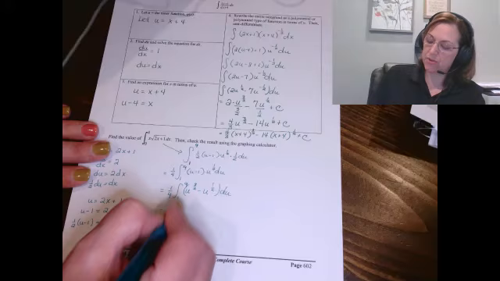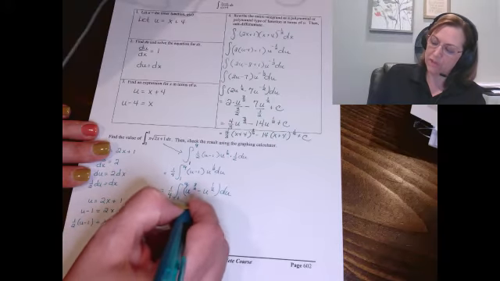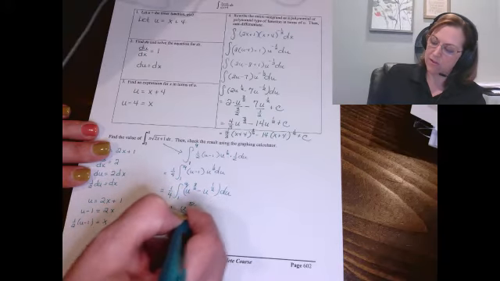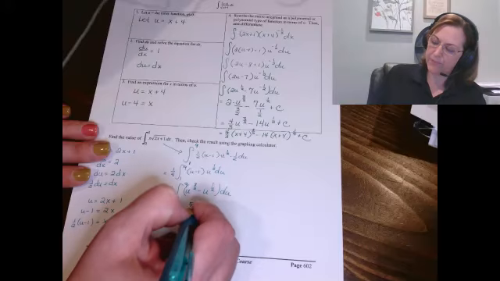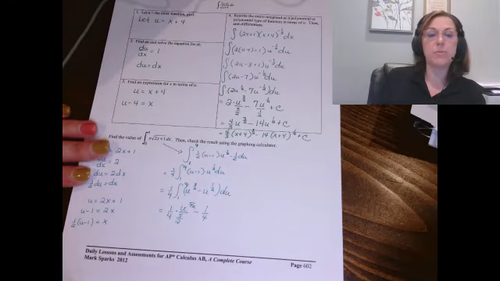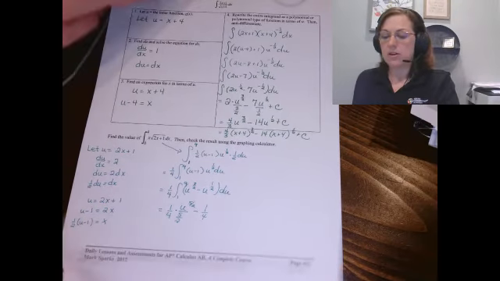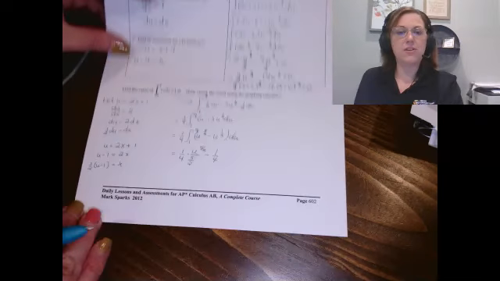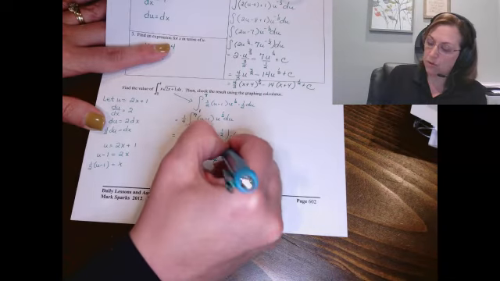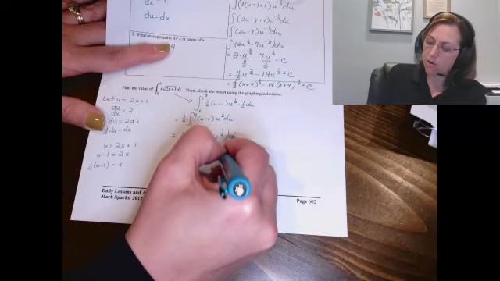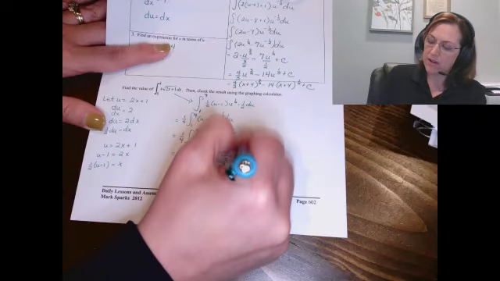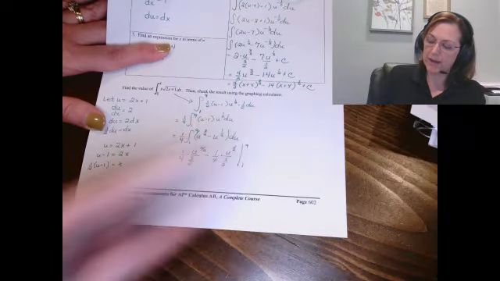Okay, so that becomes u to the 5/2 over 5/2 minus, don't forget to distribute your 1/4, the antiderivative of u to the 1/2 would be u to the 3/2 over 3/2. And then we go in with our bounds from 1 to 9.